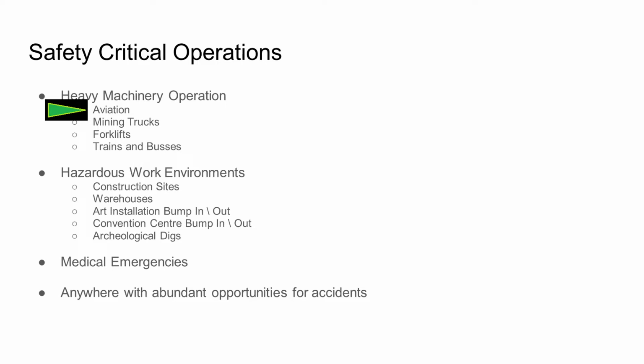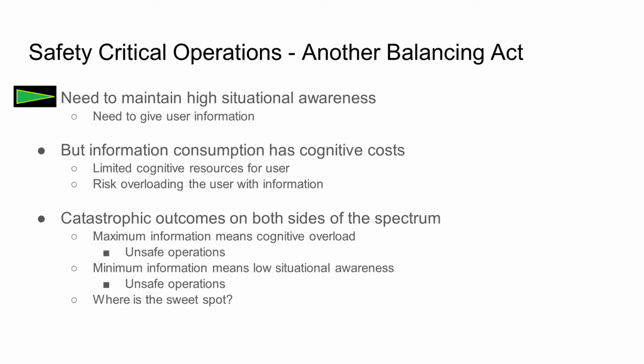So I'm not really trying to teach you how to fly, obviously. I'm just trying to give you an idea of what you need to keep aware of to actually keep operating this machine safely. And we need to maintain something called situational awareness. That's actually a technical term in psychology. All it is, is do you know what's actually happening? In layman's terms, that's a very simple thing to do, right?